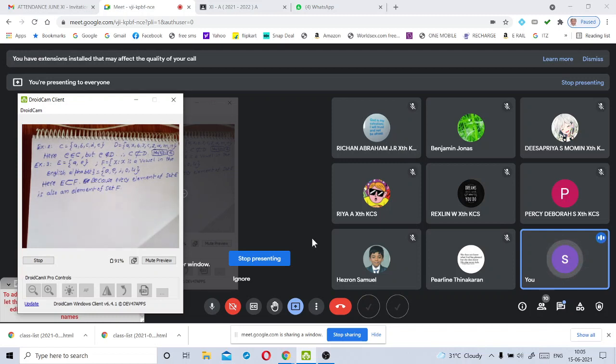Write the classwork notes every day. Without writing the classwork notes, you can't prepare well. I'm posting the classwork notes every day, whatever points we are discussing in the class.